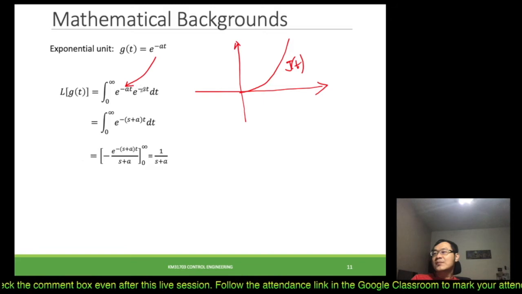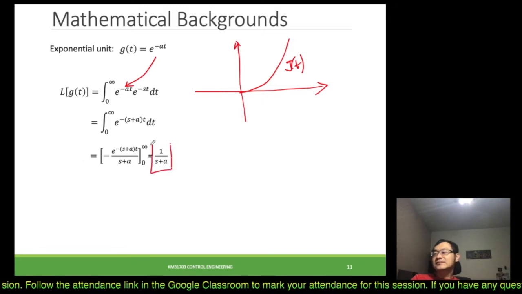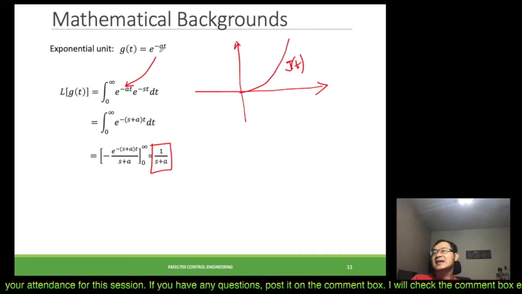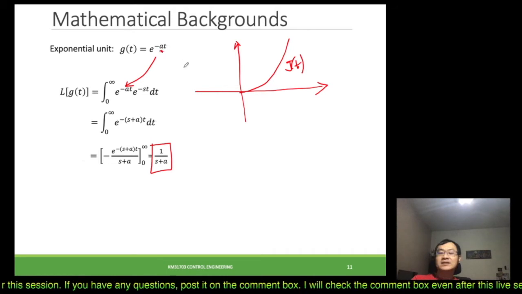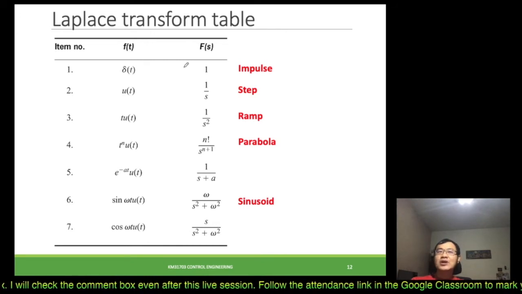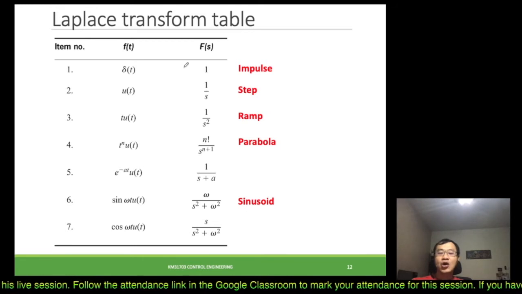We would be able to add them up, and eventually you get the Laplace transform of this exponential equals 1 over s plus a. So that tells you how all these transformations actually occur.